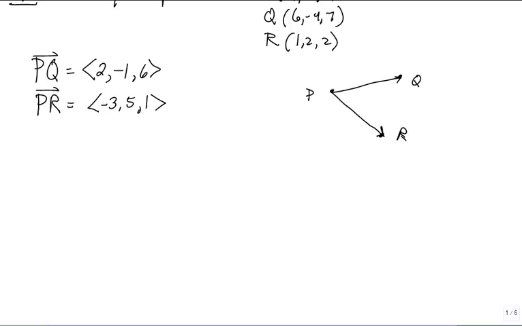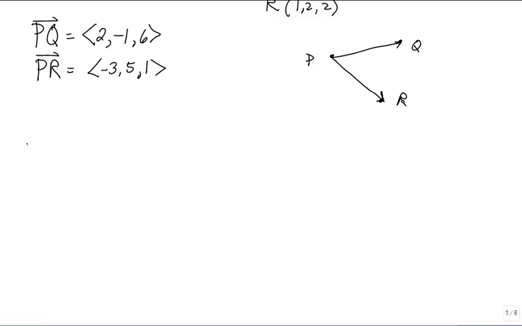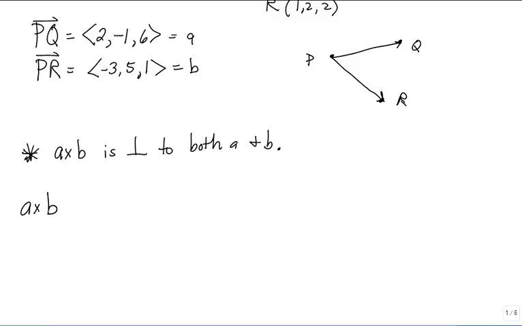If you remember, A cross B is orthogonal to both A and B. So we need the normal vector here. Let's let this be A and this be B, and we want to find their cross product.